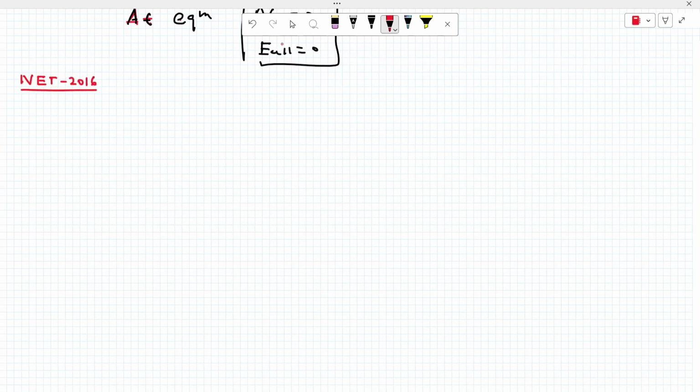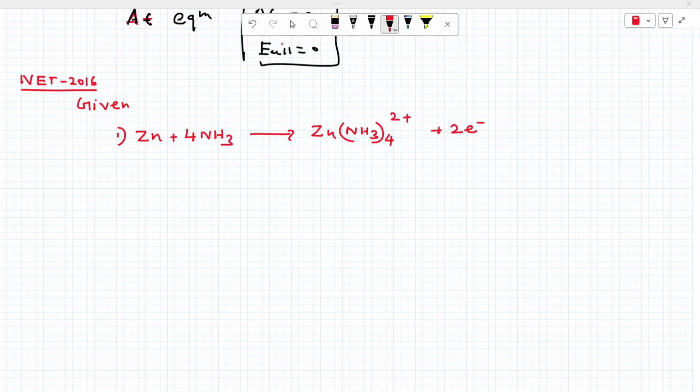2016 question. Write the given data. Given: first, Zn plus 4 moles of ammonia gives Zn(NH3)4 2+ plus 2 electrons.